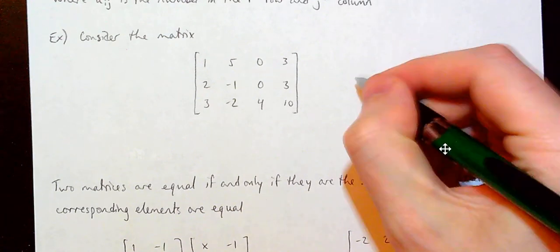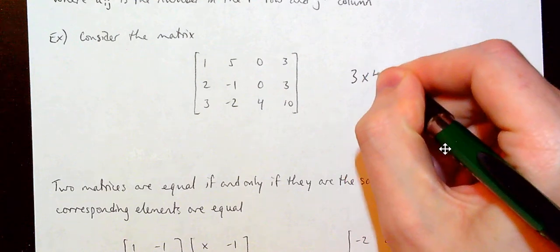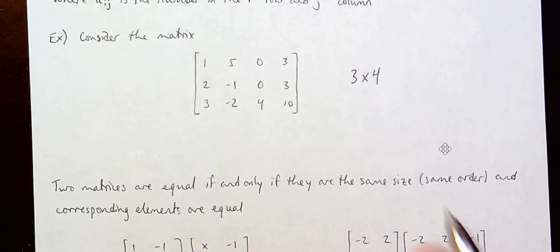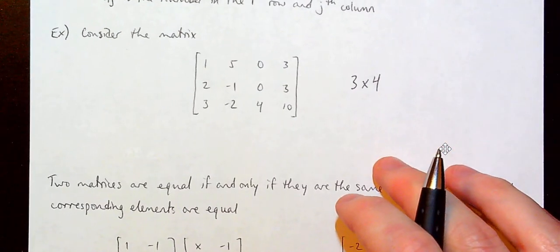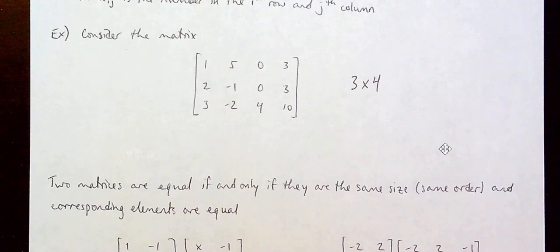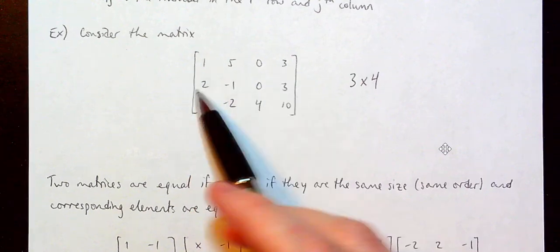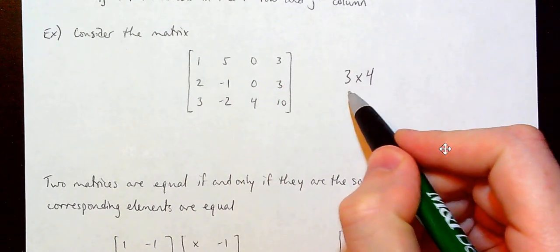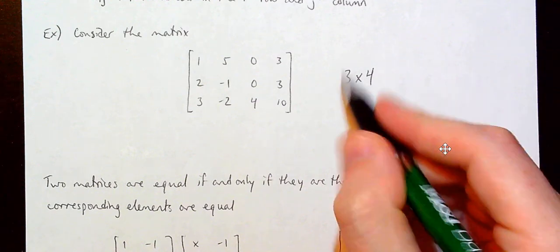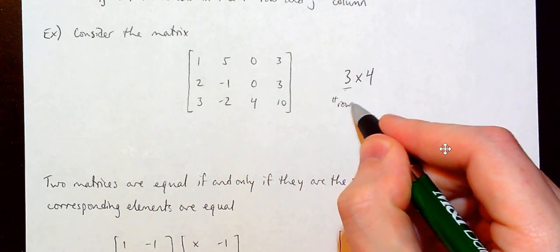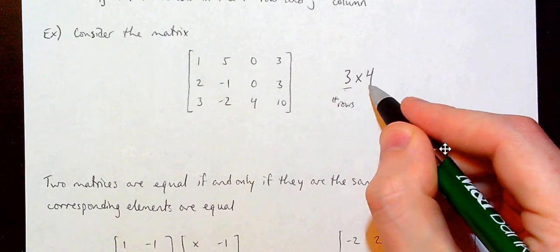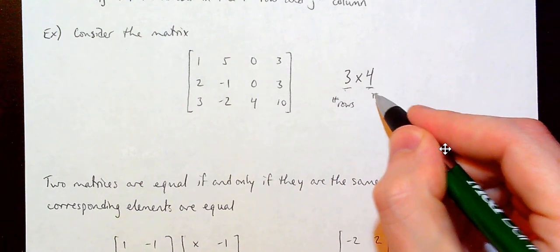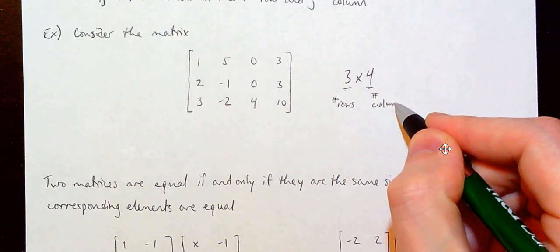This is a 3 by 4 matrix. As we mentioned in previous videos, we often refer to a matrix by the number of rows and the number of columns. This has 3 rows and 1, 2, 3, 4 columns. So we say it's a 3 by 4. It's number of rows and then followed by number of columns.